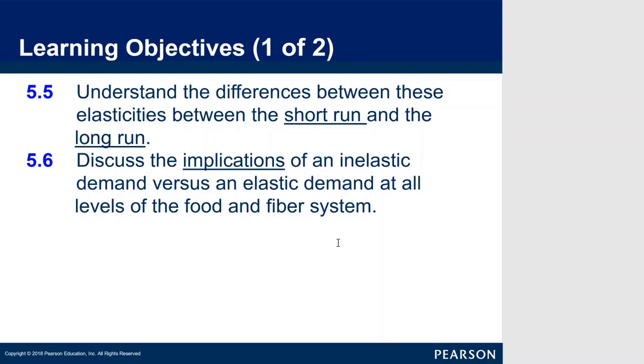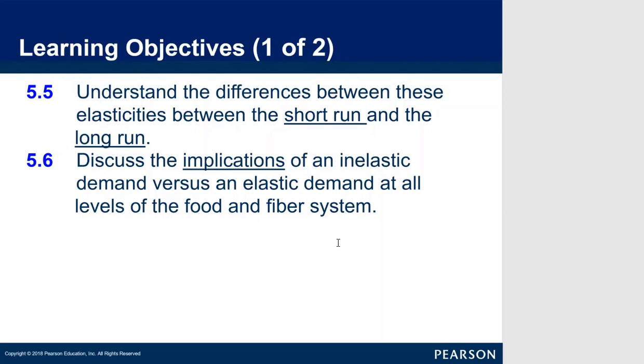When we look at the short run from weather as an example, we could be looking at seasons, we could be looking at years, we could be looking at decades, even centuries where we've seen changes. As we get into long run examples, now we're looking at multiple centuries, a longer period of time.